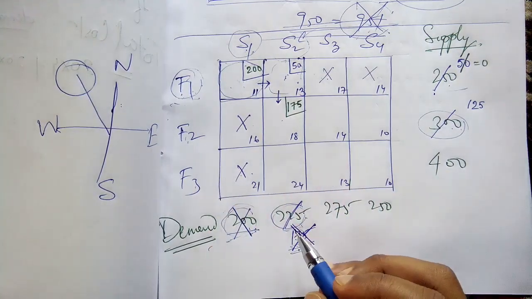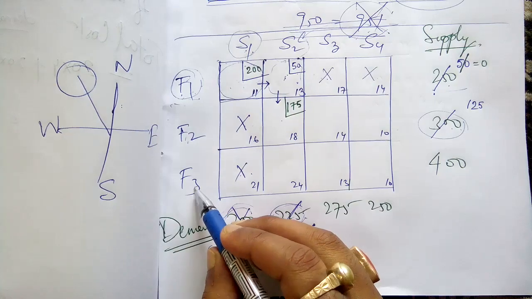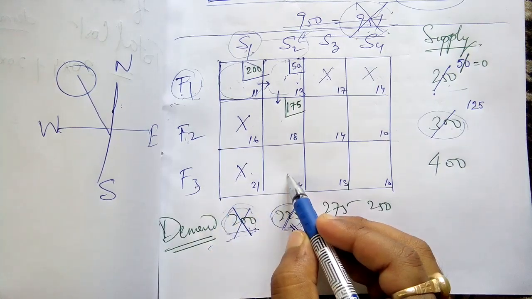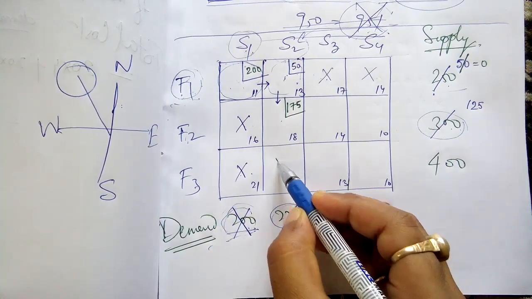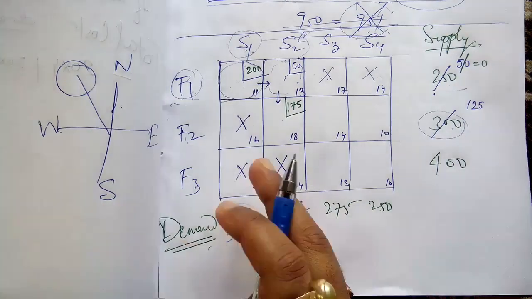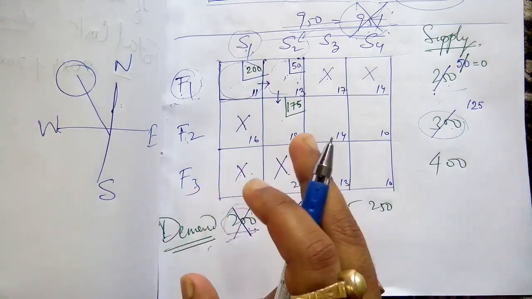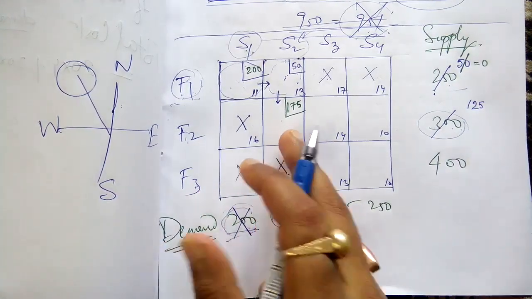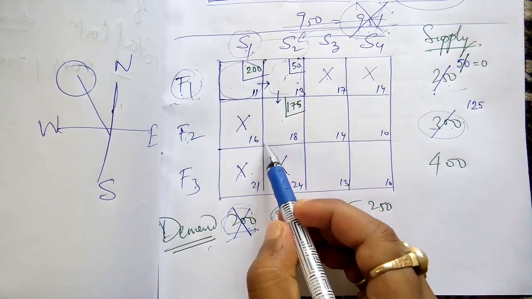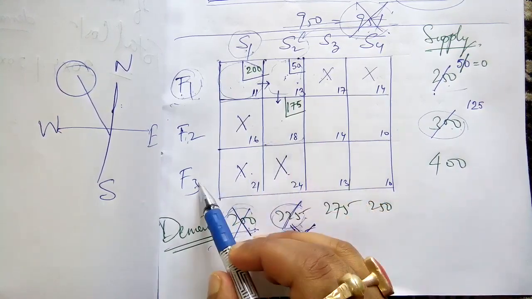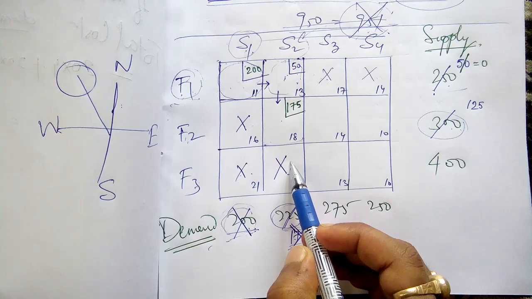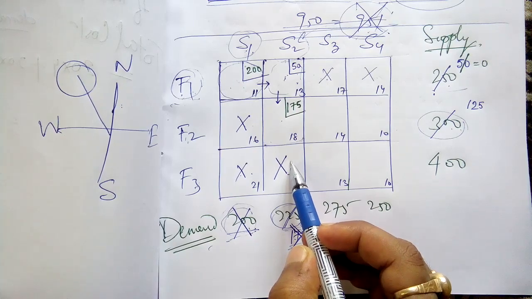Now tell me how much goods factory 3 will supply to store number 2. 0 goods. So cross this box, because the demand of store number 2 is already fulfilled here. Why should factory 3 supply any goods to store number 2?